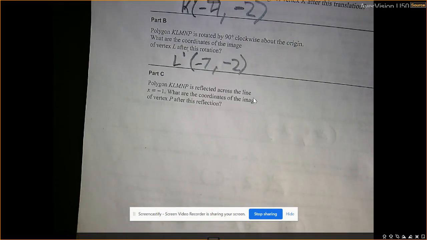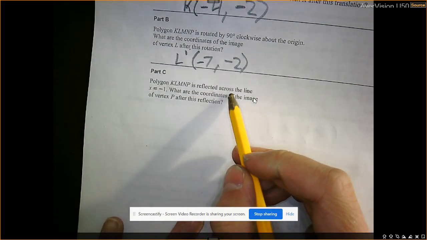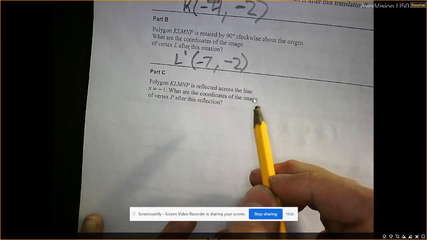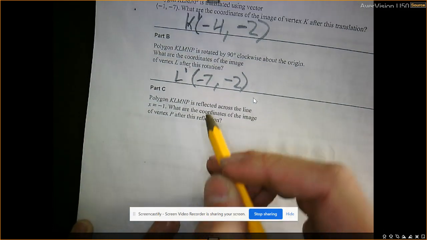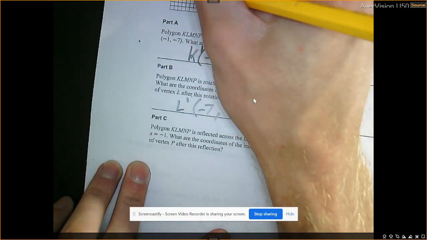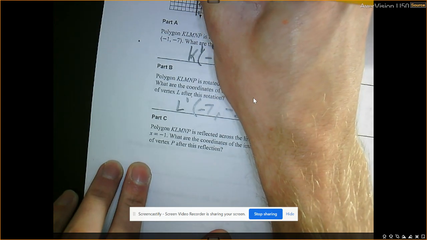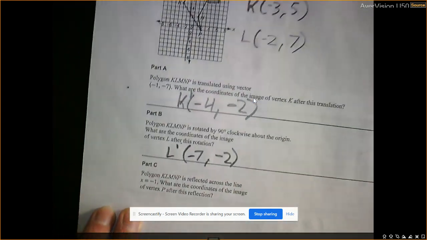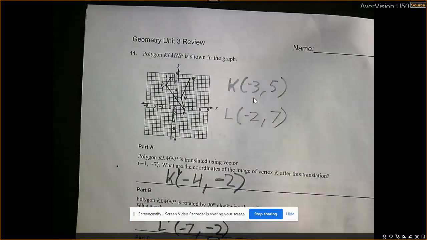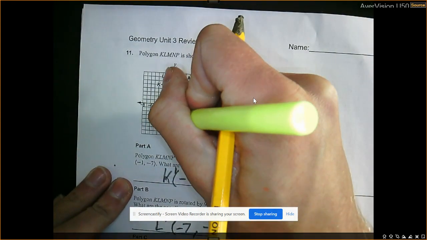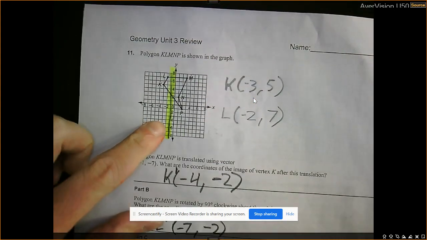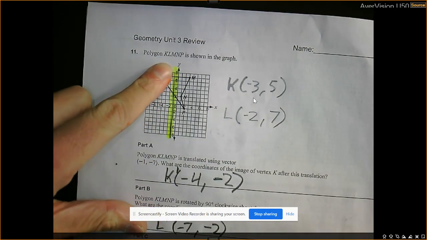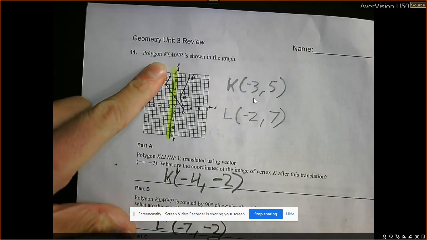All right, and then finally, if it's reflected across the line x equals -1, and it's just talking about vertex P. So I'm going to go over to P. x equals -1 is this line, the whole place where x equals -1. Okay, I'll highlight it because you probably can't see where I drew that, but x equals -1 is this line right next to the y-axis.